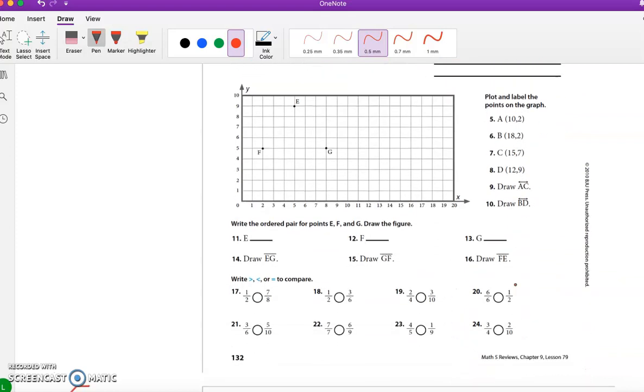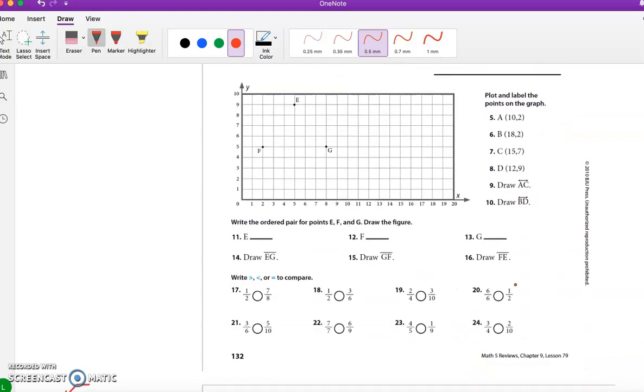And for this one, you need to plot and label the points on the graph. So for number 5, we need to plot point A, and we all know that when the numbers are in brackets, the first number represents its location on the x-axis, and the second number represents the location on the y-axis.